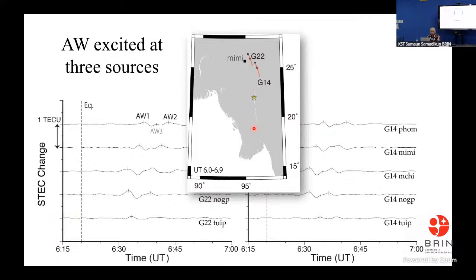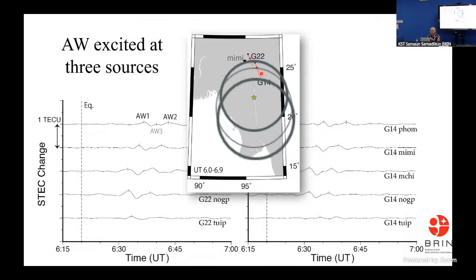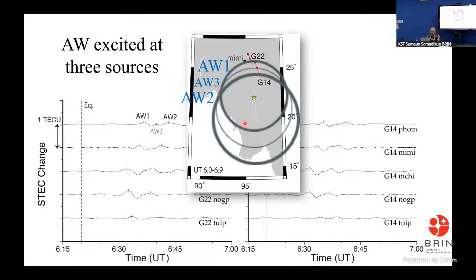For example, at one station, it observed two satellites, and a satellite was observing the ionosphere at this star position. So the acoustic wave was excited along the fault, and acoustic wave number 1, number 3, number 2 arrived at the ionosphere at different times.